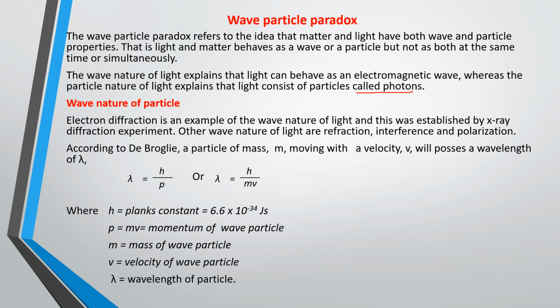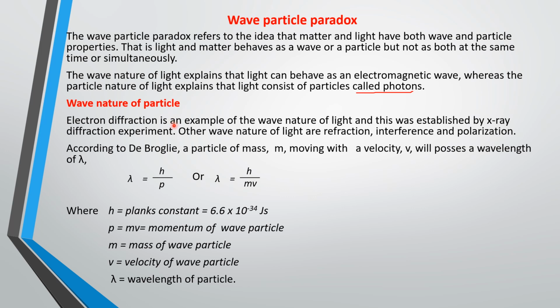So that is the particle nature and the wave nature of light. And the wave nature of light can be explained by the electron diffraction experiment that has been carried out.